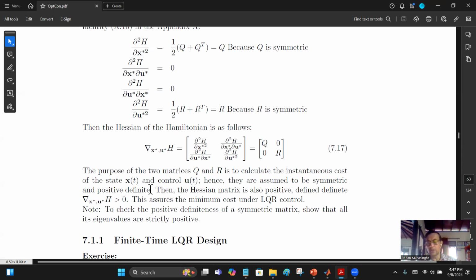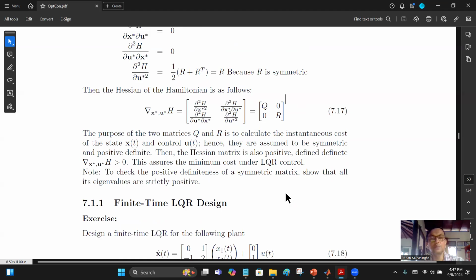It doesn't give you negative energy. That is the very nature of Q and R. So when Q is a diagonal matrix which is positive definite, and R is also a diagonal matrix which is positive definite, then this whole thing is a positive definite matrix.